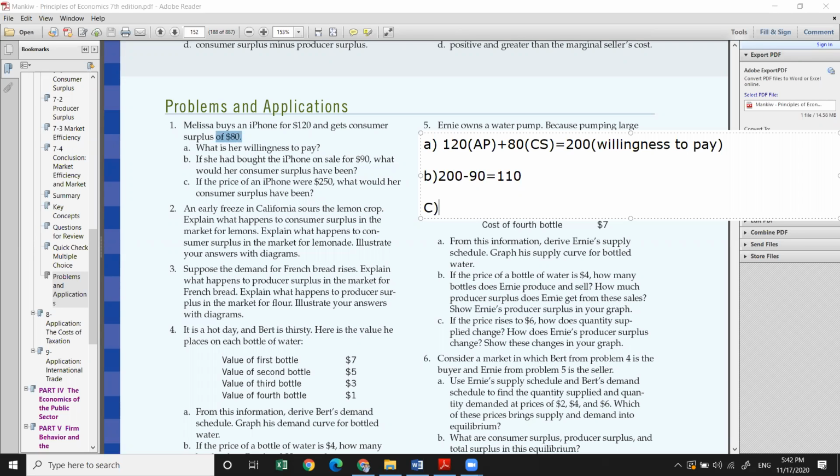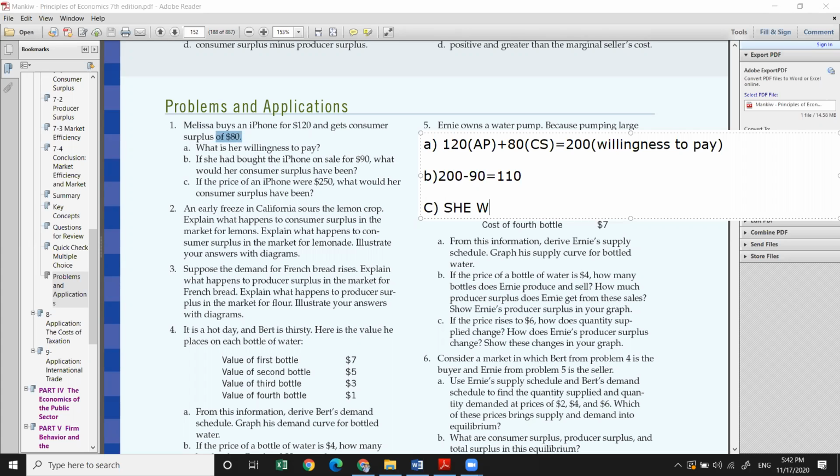So coming to part C, if the price of an iPhone were $250, what would her consumer surplus have been in this case? If this is the case, Melissa actually would not have purchased this phone because the price is greater than her willingness to pay, she will not go for that. And her willingness to pay is $200 that we have mentioned.